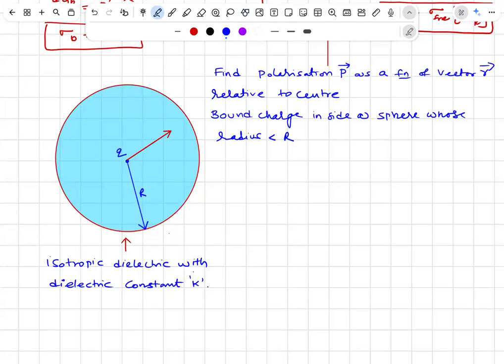Fine, no issues for me. The only part is that I will enclose a Gaussian surface. You are taking a shell of some small radius r, and this is r bar.